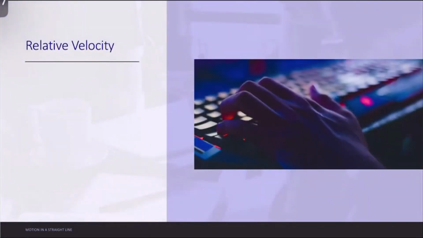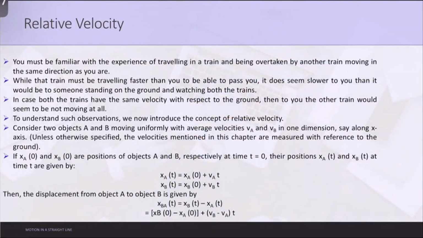Okay, relative velocity. In the previous discussion, I explained all these concepts which were written here, so just revising our last concept. Finally, what we got is that xBA, which is xB of t minus xA of t.